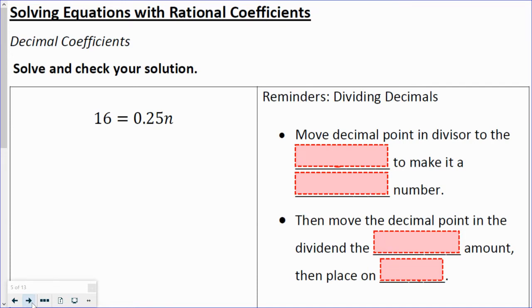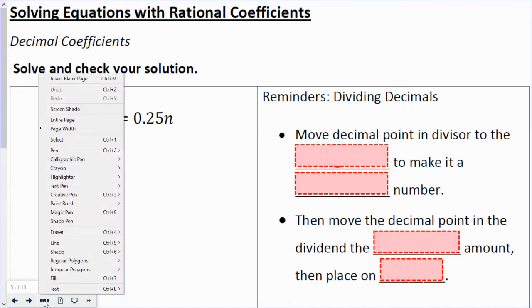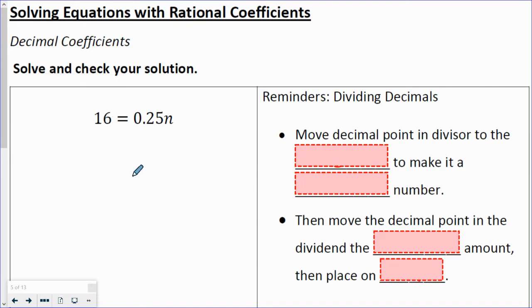All right, so here we see 16 equals 2,500 times n. And it's going to be the same deal where we need to notice that we have multiplication. And the inverse of multiplication is division. So we want to make sure that we are still dividing on both sides of the equal sign.